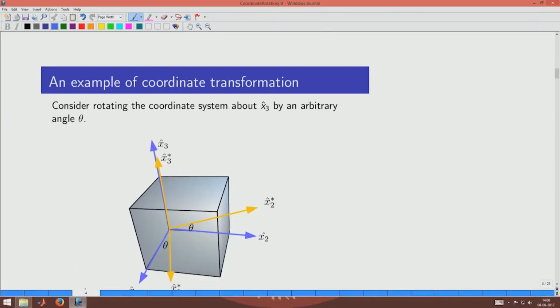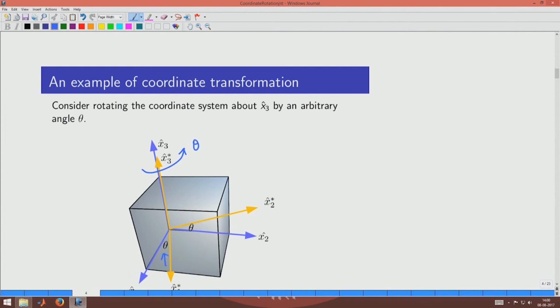So, the example transformation can be taken up, and we will do a 2D rotation so that we can derive the expression easily. What we do is basically rotate the coordinate system about the x3 axis, and we rotate by a certain amount which is given by the angle theta, which I have given here.